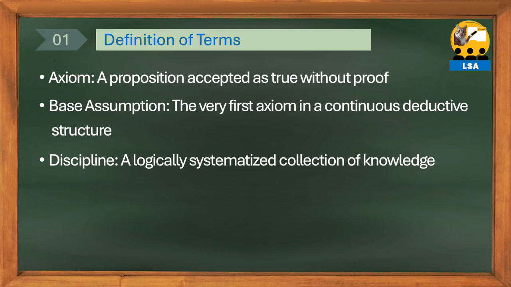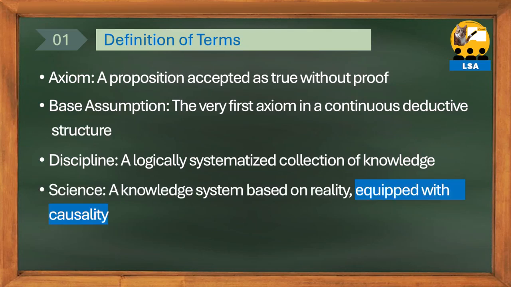Only systematic learning can be called a discipline. Science. A knowledge system based on real phenomena equipped with the logic of cause and effect. Causality is important. Knowledge lacking causality does not become science, and doing science is the process of finding causal relationships.